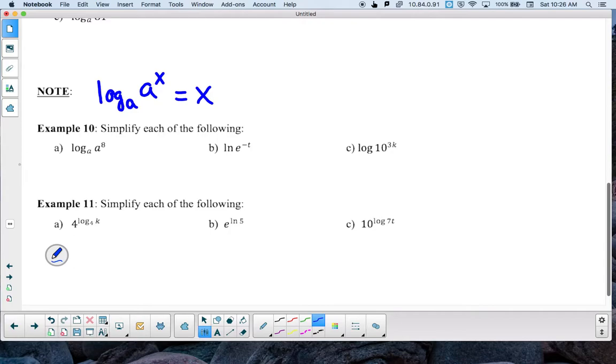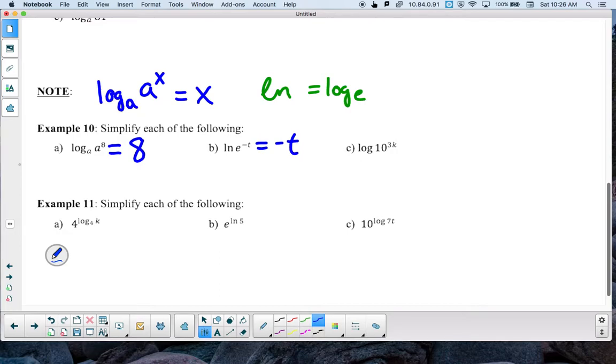And remember that ln is log base e, and so, for example, in A, we have log base a of a to the 8th, so this is just going to be 8. And then ln and e are also inverses because ln is log base e, and so this would just be negative t.